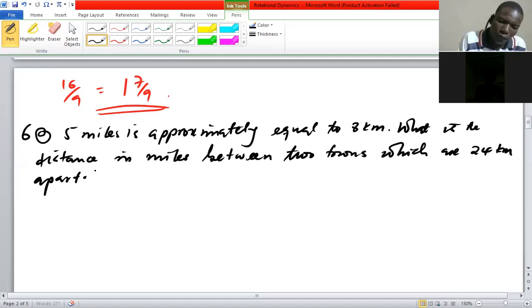What is the distance in miles between two towns which are 24 kilometers apart?